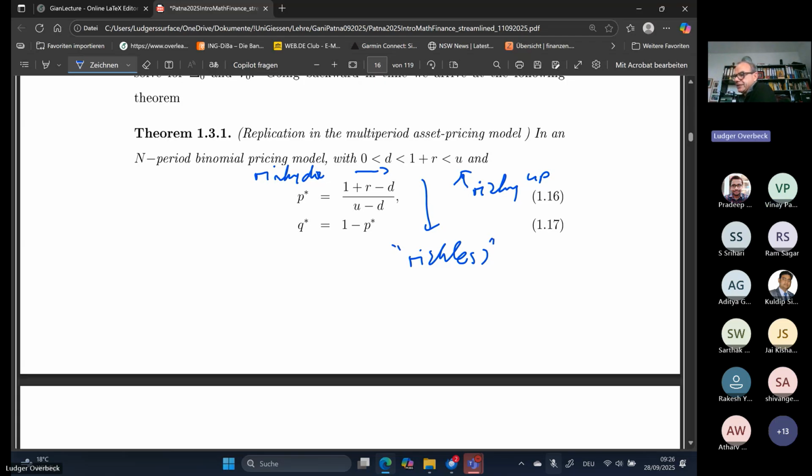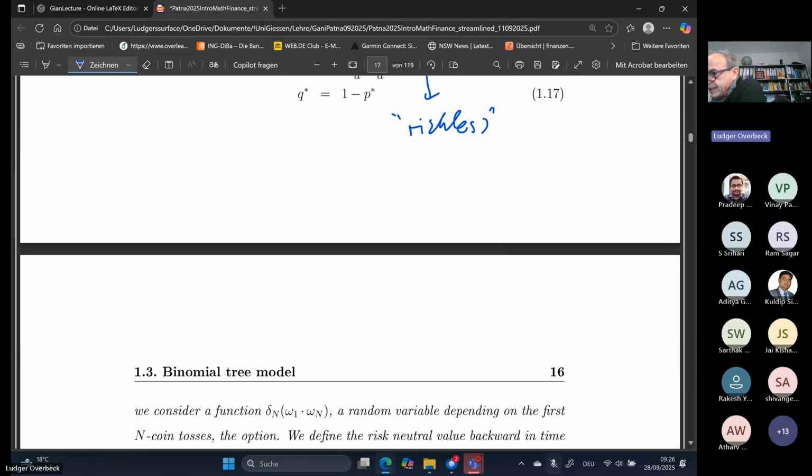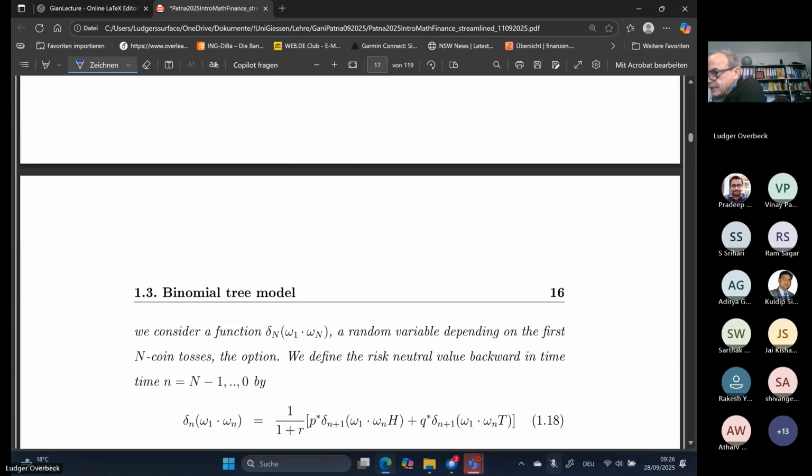You need exactly this condition in order to get your risk-neutral probability P star, your martingale probability, and then we define the risk-neutral value backward in time.